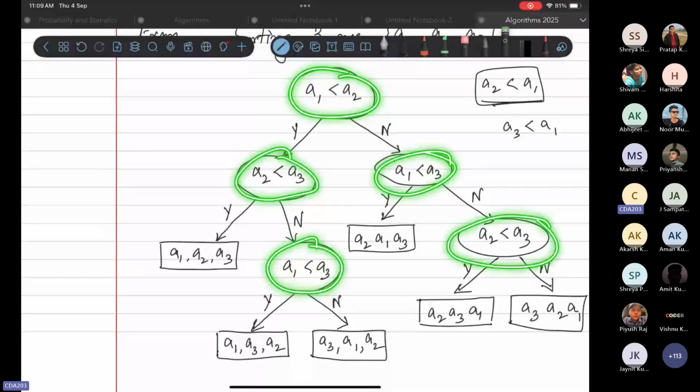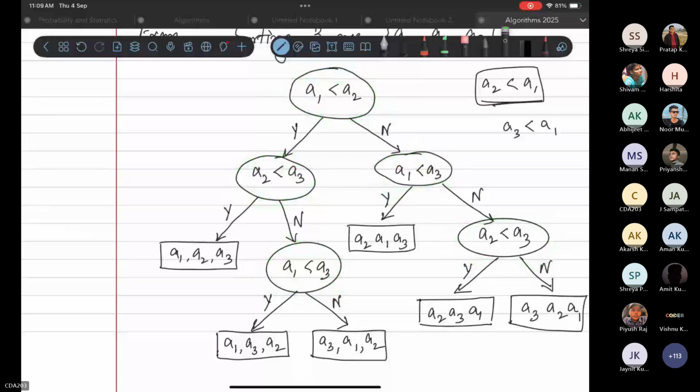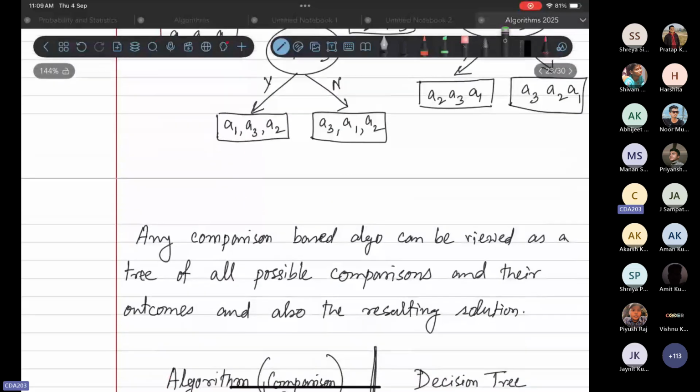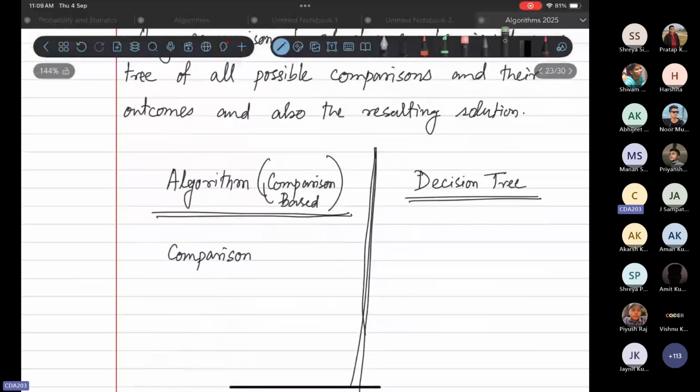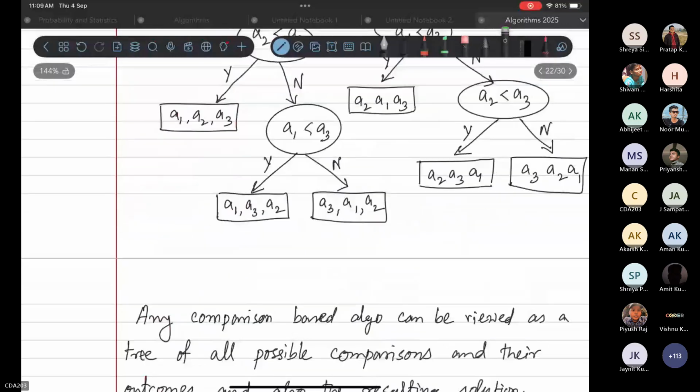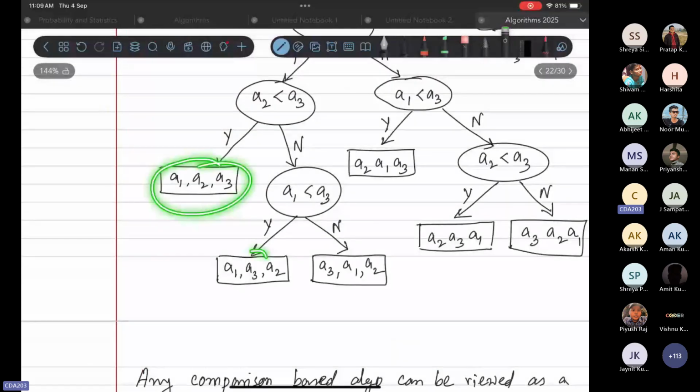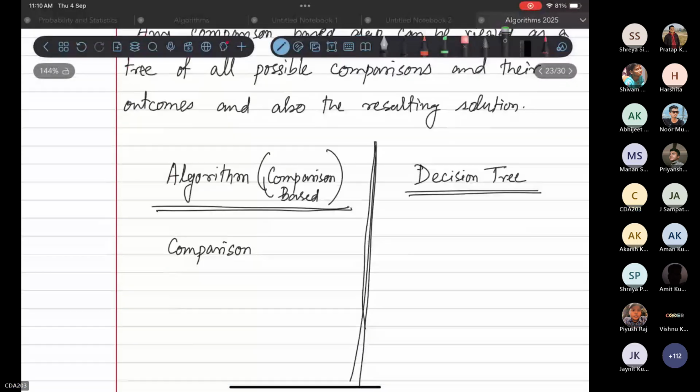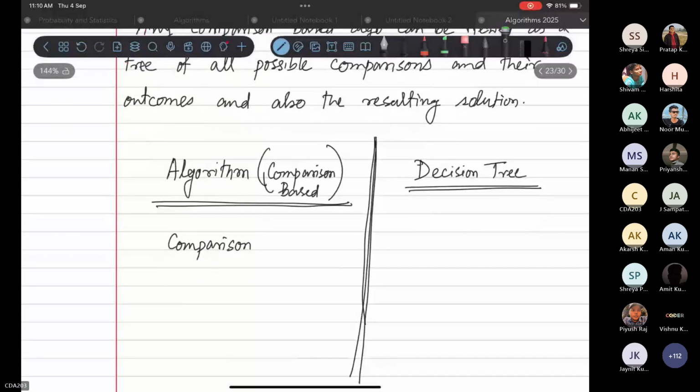These are nodes. These are also some nodes, right? Can you give the precise answer? Leaf node? Comparison node? No. These are called internal nodes.